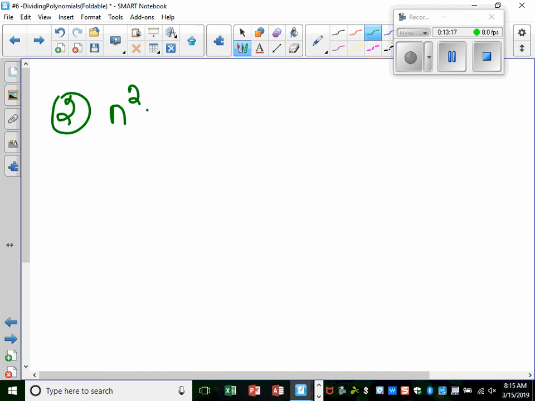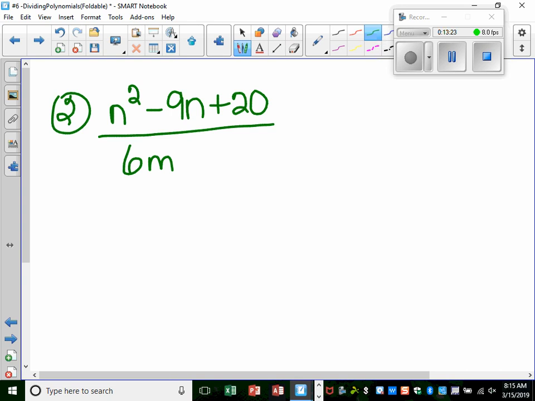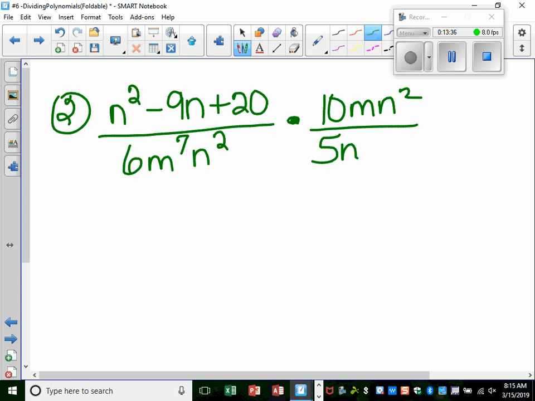N squared minus 9n plus 20. And I'm going to go ahead and flip it now instead of writing the problem and then flip it. So now I'm going to change it to multiplication. I'm going to put the 10mn squared at the top and the 5n minus 20 at the bottom.